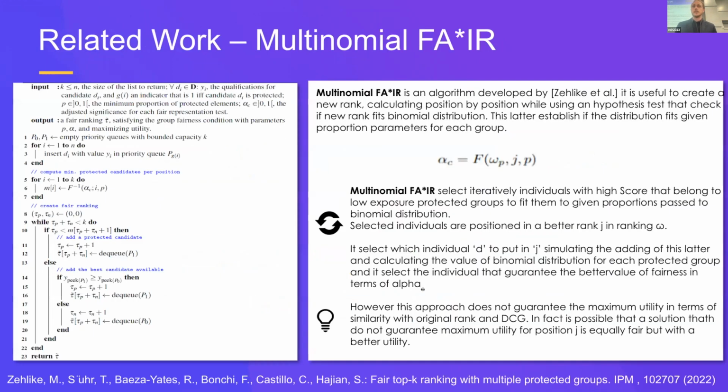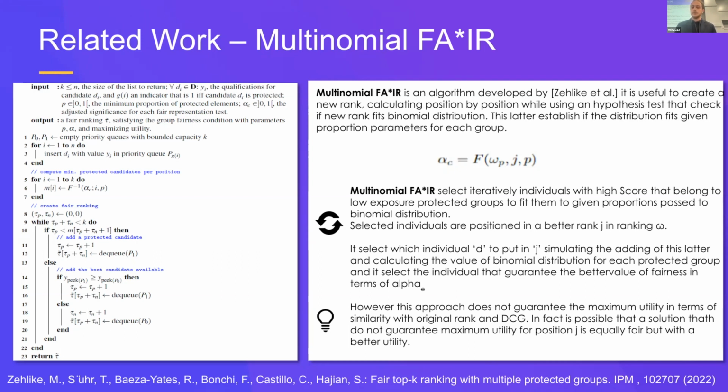The starting algorithm was developed by Zehlike, and it is useful to create a new rank, calculating position by position while using a hypothesis test to check if the new rank fits the binomial distribution. This latter establishes if the distribution fits given proportion parameters for each group.